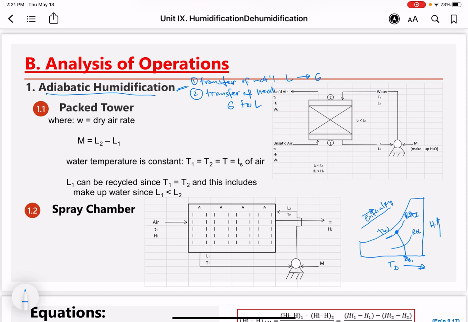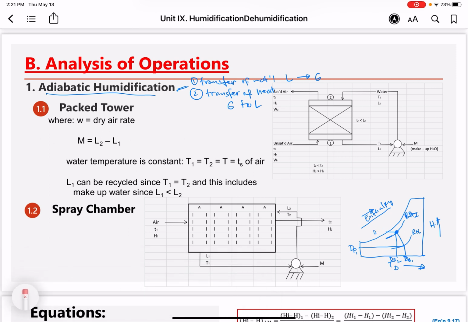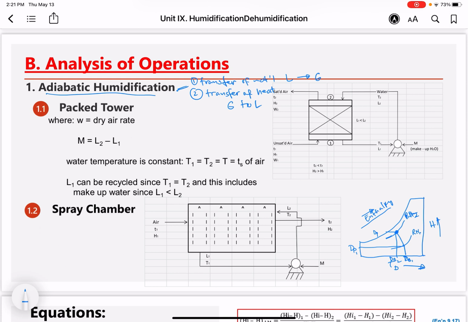So if I project this point, this becomes my DB2 or dry bulb temperature 2, and dew point 2 naman na ito kasi this is my dew point 1. Take note. Dew point 1. Kung kukunin ko to, this is my dew point. So for that, tanggalin ko muna itong wet bulb. So projecting that, I have dew point 2.